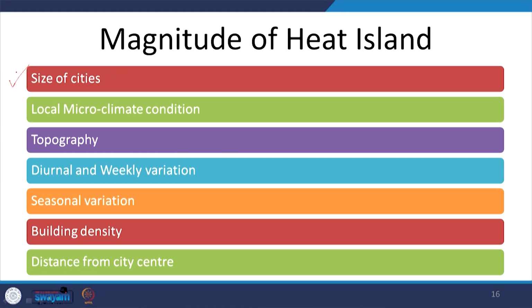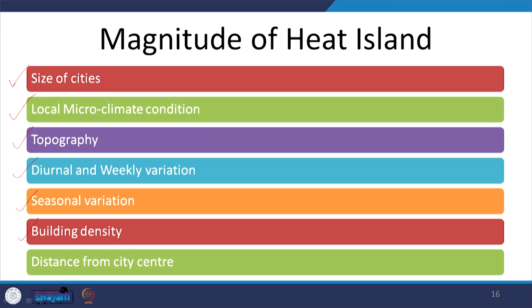Bigger cities have a tendency to have an intense urban heat island. The local microclimatic conditions, that is dependent upon the topography and the geography both. Then the diurnal and weekly variation, the seasonal variation, which is again resultant of a geographic condition.